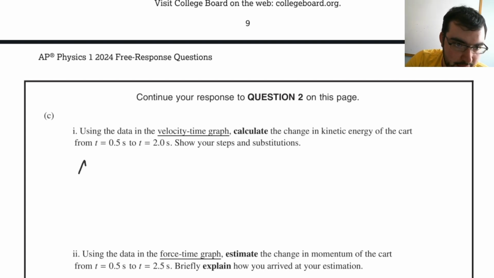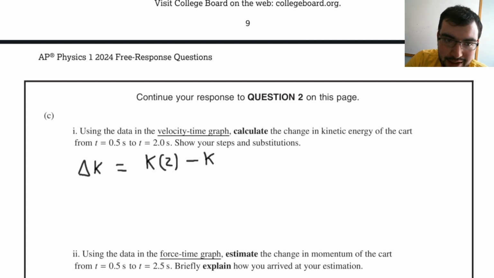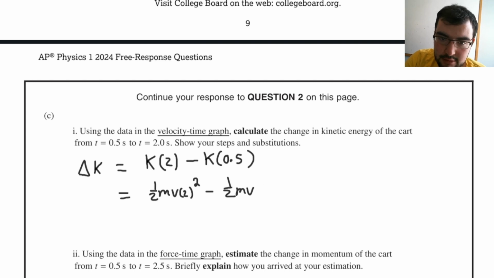Well, delta K explicitly is just going to be K at 2 minus K at 0.5, which is equal to 1/2 mv squared at 2 minus 1/2 mv squared at 0.5.